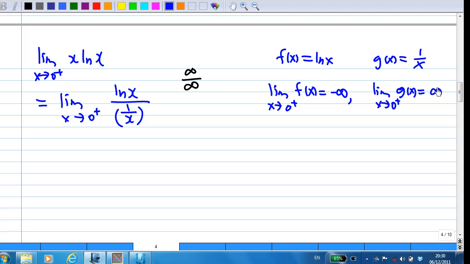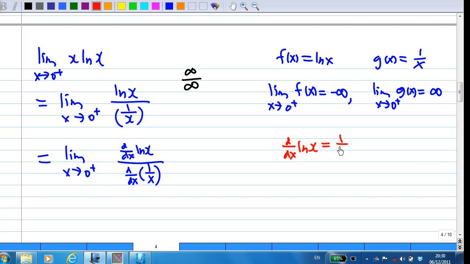And you apply L'Hopital's rule. This is equal to the limit as x goes to 0 plus of the differentiation of ln x over the differentiation of 1 over x. Recall that the differentiation of ln x is 1 over x. The differentiation of 1 over x, which is x to the power minus 1, is equal to minus 1 over x squared.